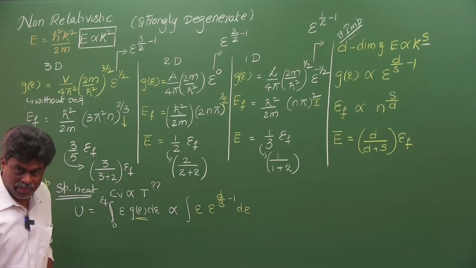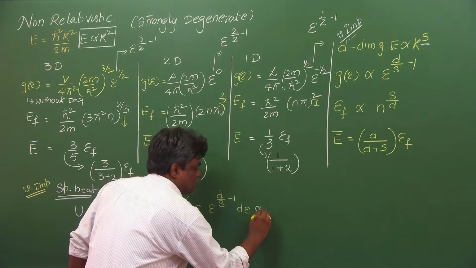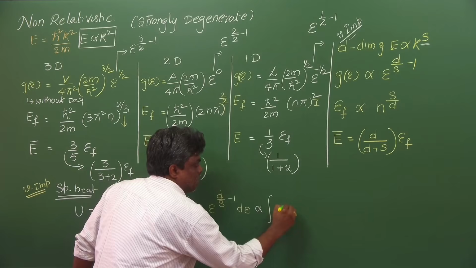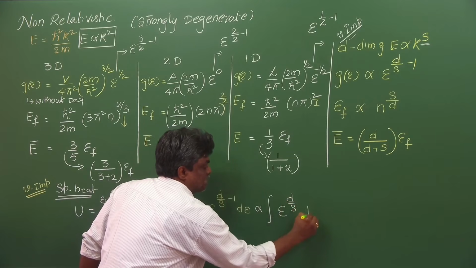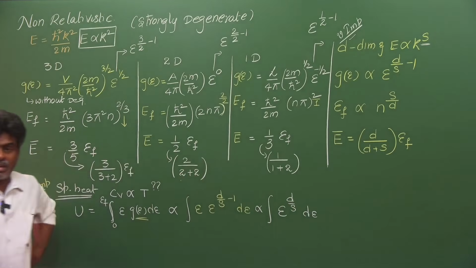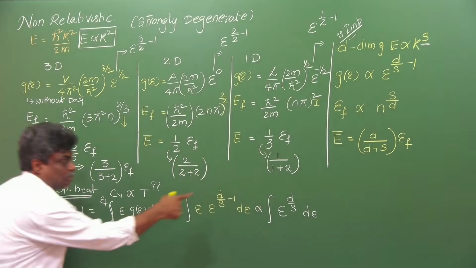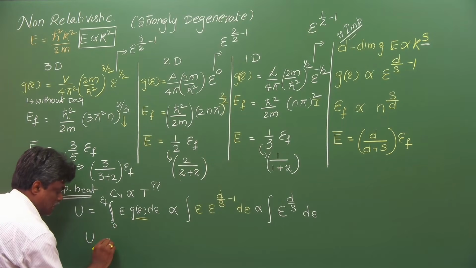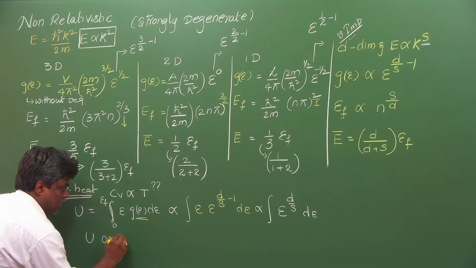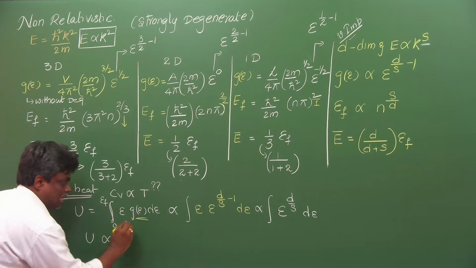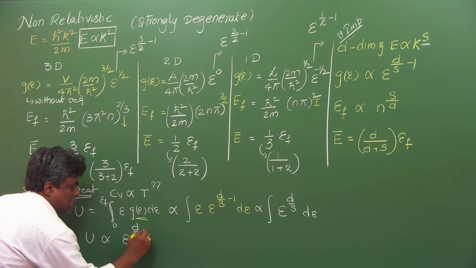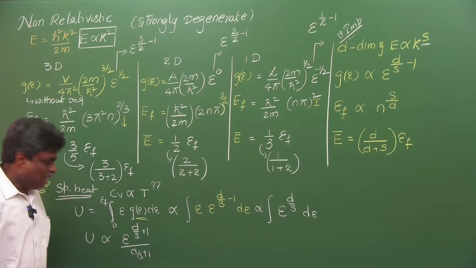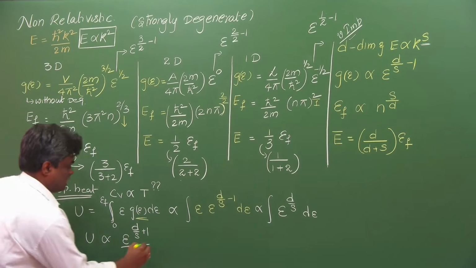So this is proportional to the integral of E power d by s, d E. Now I am going to integrate that. Proportional to E raised to d by s plus 1. I don't bother about this constant, that's it.